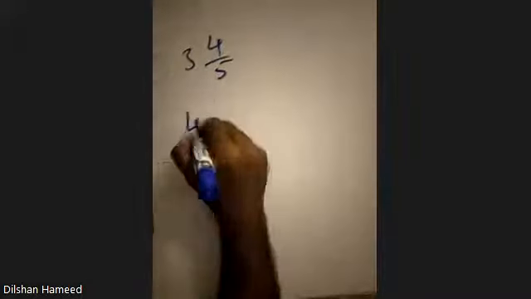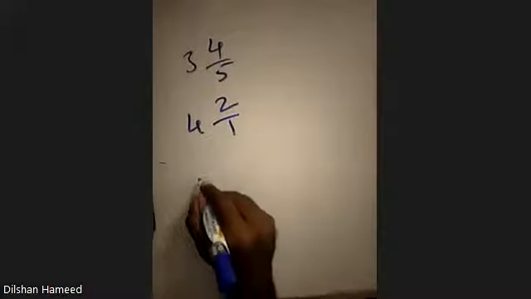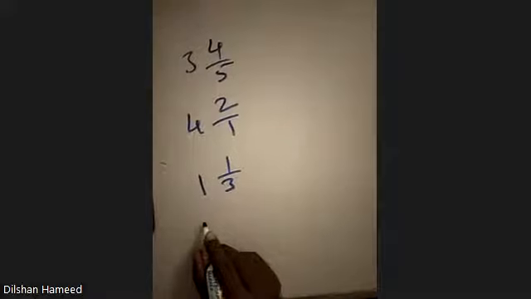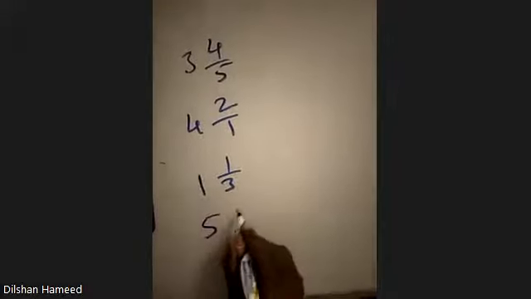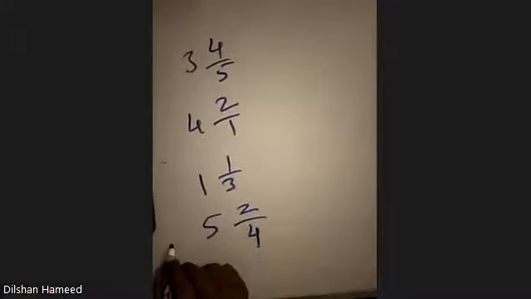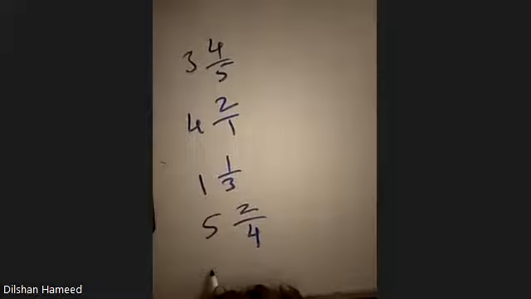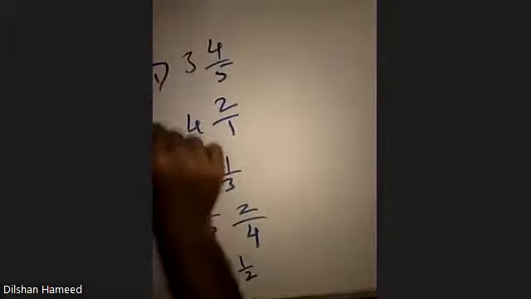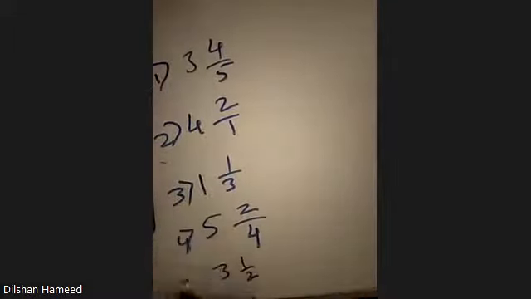So: 3, 4 upon 5; 4, 2 upon 1; 1 upon 3; then 5, 2 upon 4; and 3, 1 upon 4. So these are some of the exercises. 1, 2, 3, 4, 5. Okay, take a screenshot or copy it quickly.